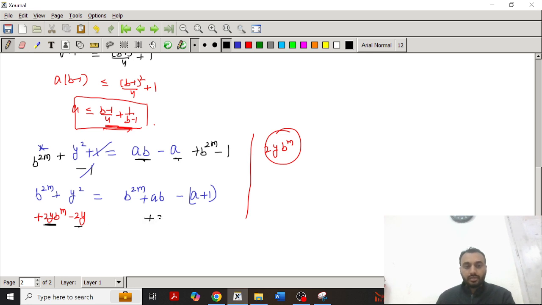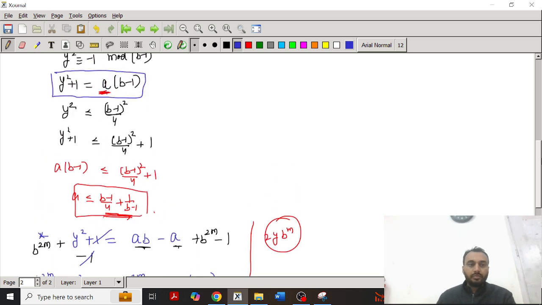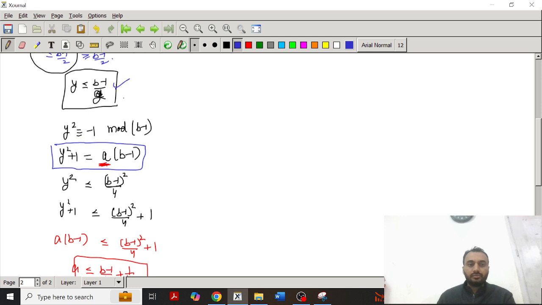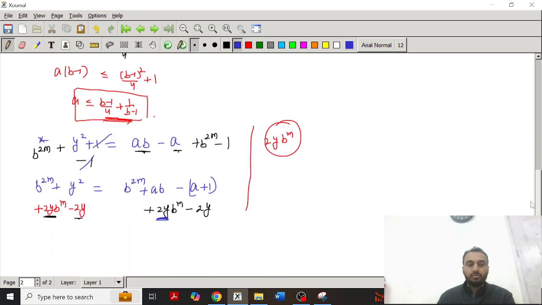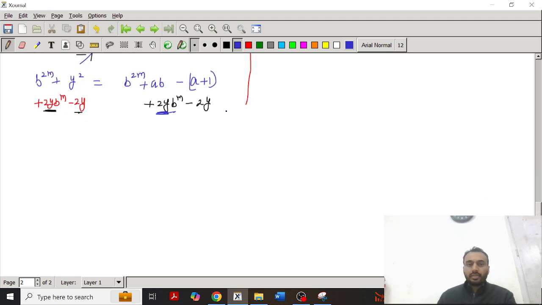So same thing we can do on the right hand side, provided this value is 0 to b minus 1. We have seen that y is less than or equal to b minus 1 by 2, so 2y is less than or equal to b minus 1. So we can perfectly do this. So the right hand side is again following the condition that number minus its digit sum. On the right hand side we are trying to make a square plus 1.